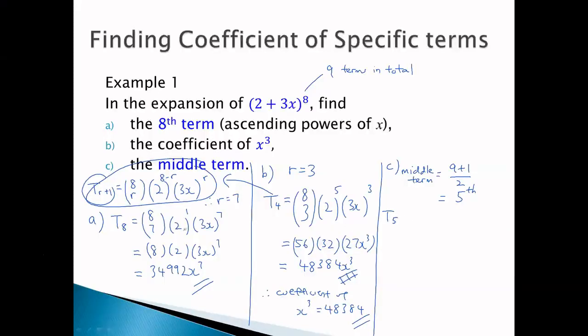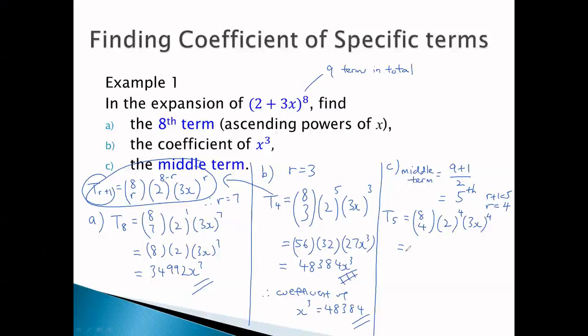Okay, but looking back at the general term, if my term is r plus 1 equals 5, r must equal 5 minus 1, which is 4. So my r is 4, 8 choose 4, first term, second term. Power comes up here, 4, and 8 minus 4 is 4.